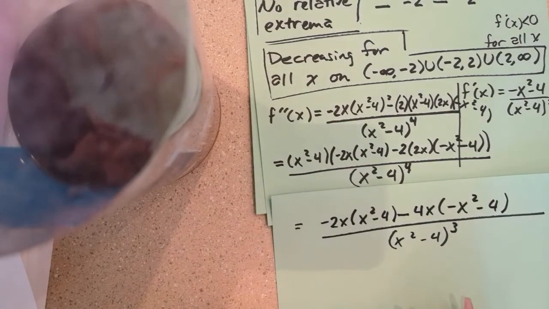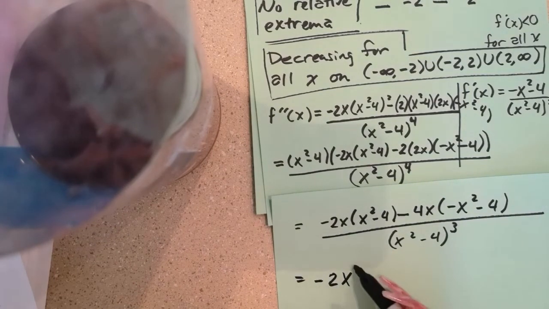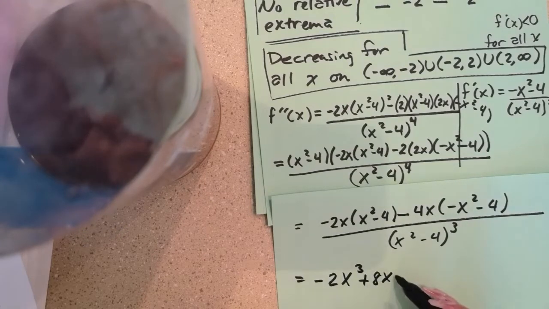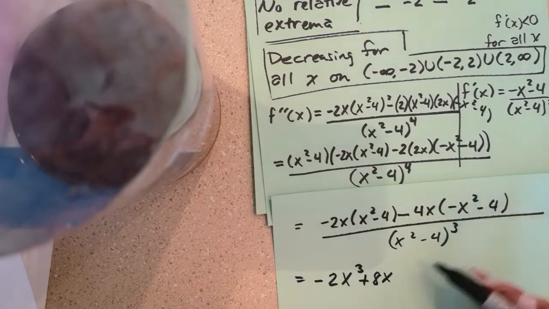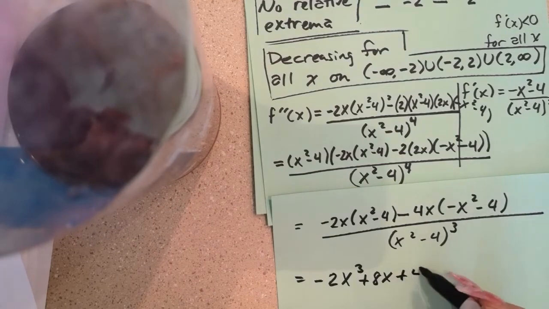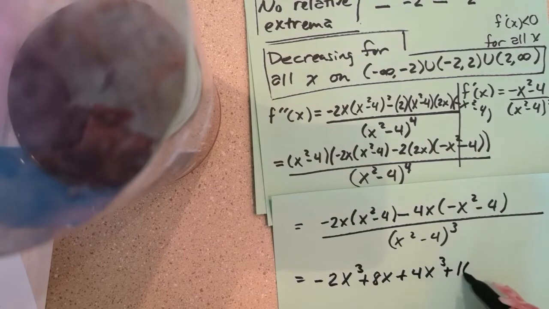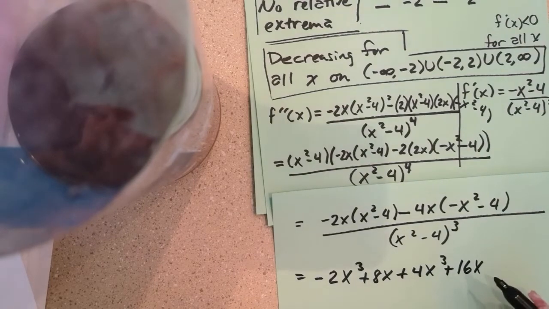Okay, it's not so bad, I guess. Let me see. Distribute negative 2x cubed plus 8x, and then distribute this. So that'd be plus 4x cubed plus 16x. Getting there.